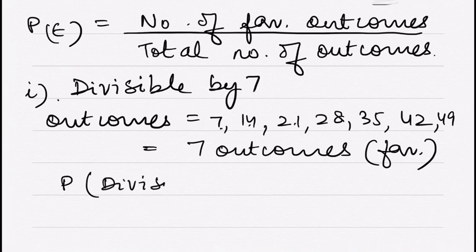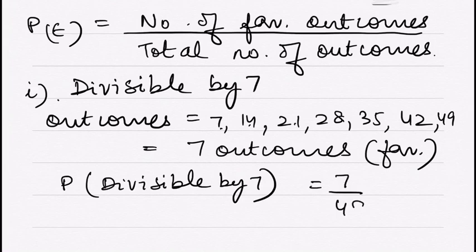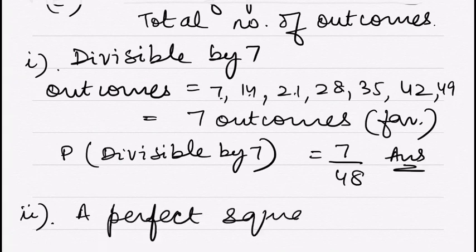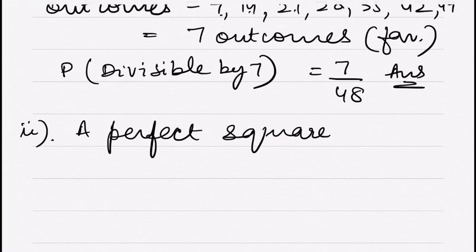So now my probability of getting a numbered card which is divisible by 7 will be equal to 7, and total number of cards are 48. So that's my answer. Let's move to the second part. The second part says a perfect square numbered card.